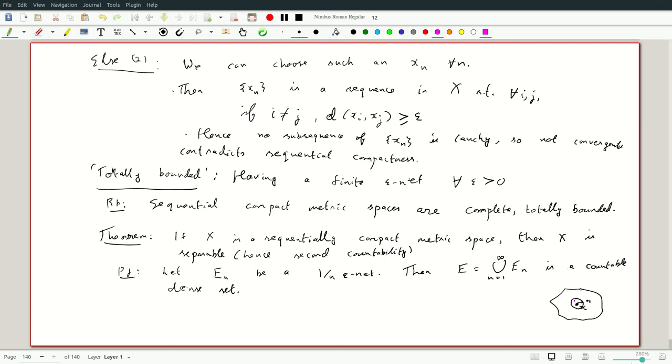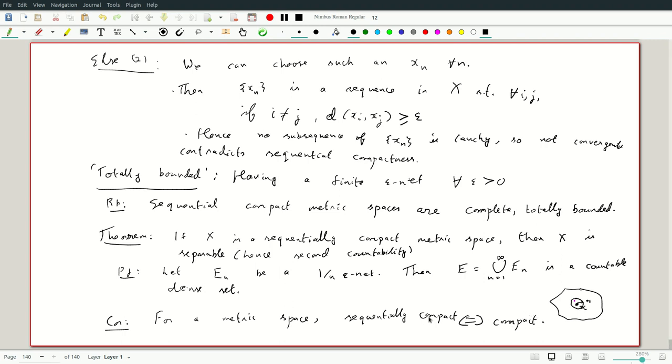So the corollary, which is again nice to see here, is that for a metric space, sequentially compact is actually equivalent to compact. Okay.